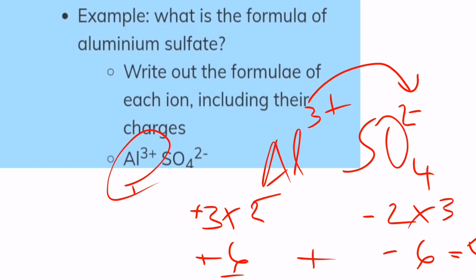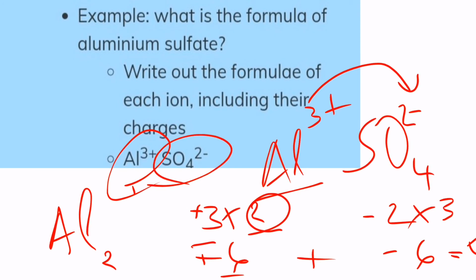So this one, aluminium, it was a plus 3 ion. So we multiplied it by 2. So this tells us that we need 2 atoms of aluminium in this compound. So we are going to have aluminium 2, and then here we multiplied it by 3. Then what does this tell us? It tells us that we need 3 ions, so yes, 3 sulfates, 3 atoms of sulfate.